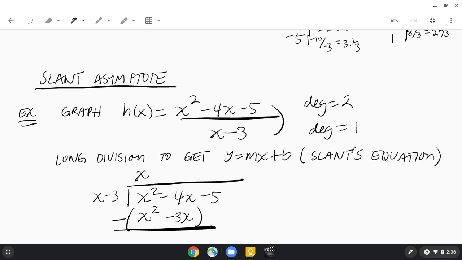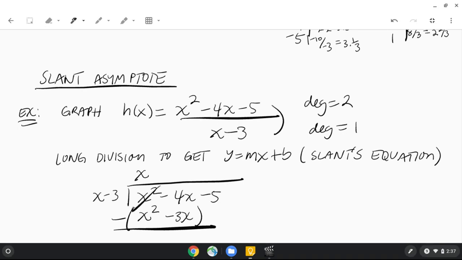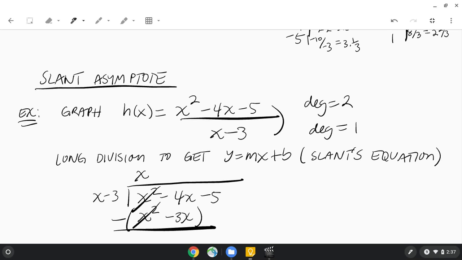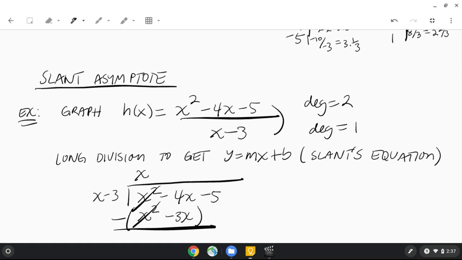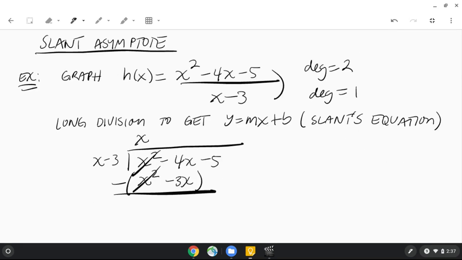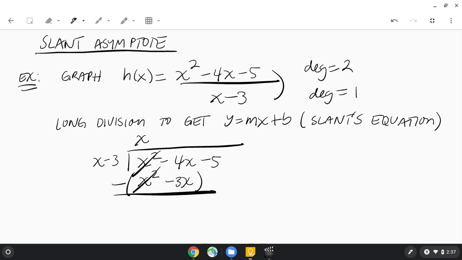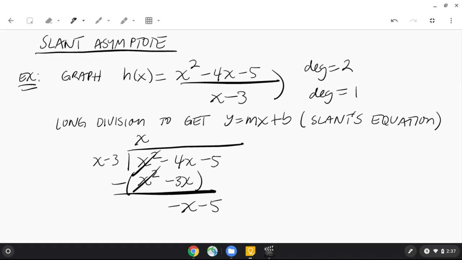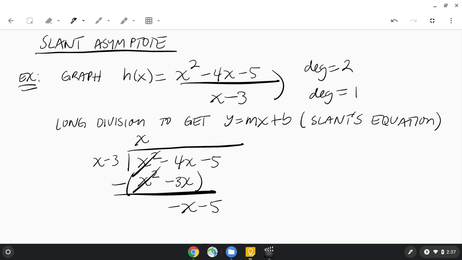This becomes a positive 3x. Okay, so you have to distribute that outside negative. So that becomes a positive 3x. So positive 3x and minus 4x is negative 1x minus 5. Okay, so x times negative 1.